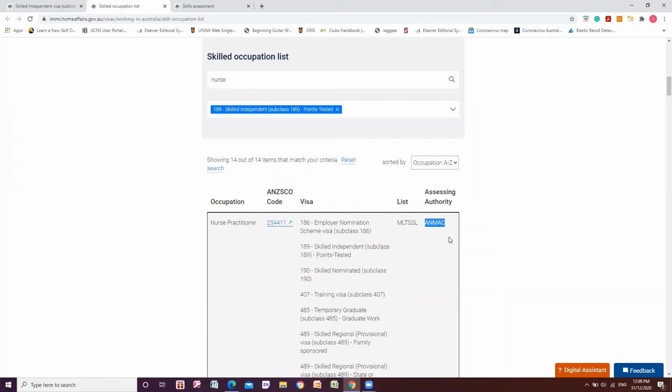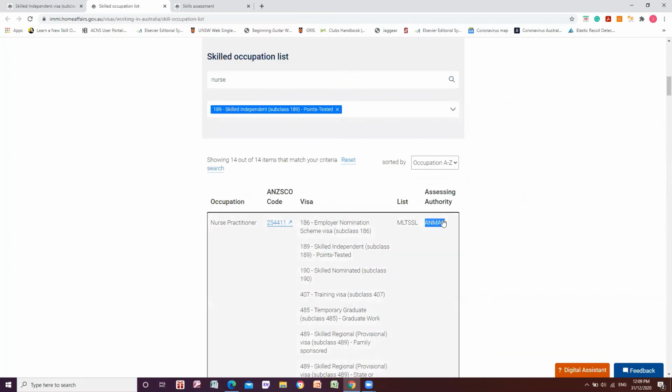So it's a conversion of your qualification, something like that. It's very important to look at this assessing authority. They have their own set of requirements, as well as timelines on when they would approve your assessment as an equivalent, for example, nurse practitioner, or in my case, materials engineer in Australia.